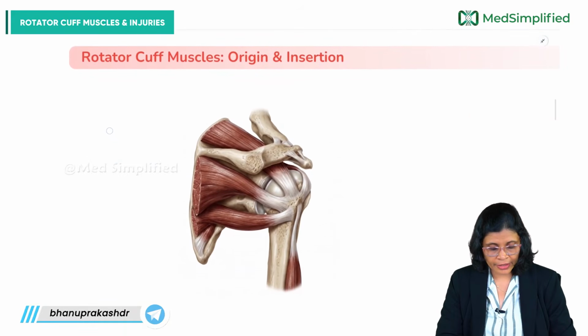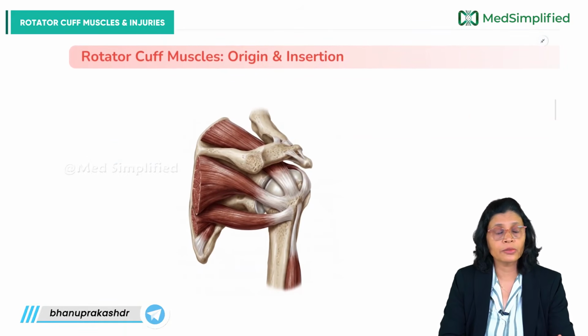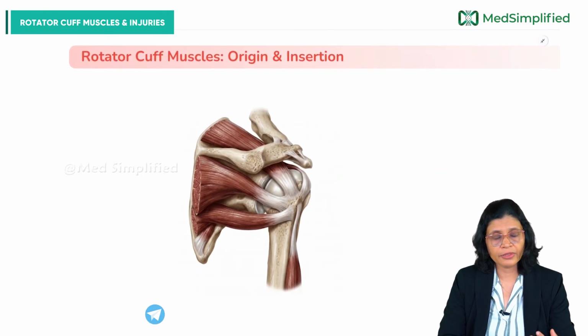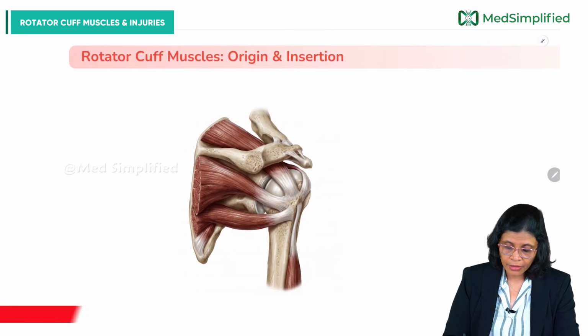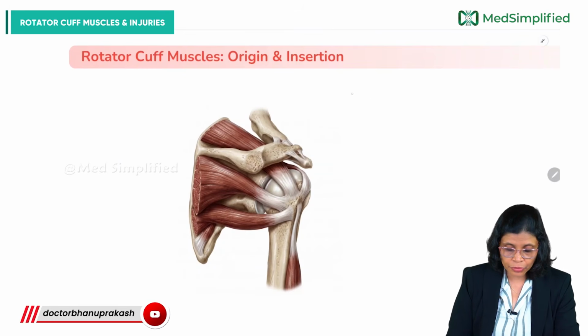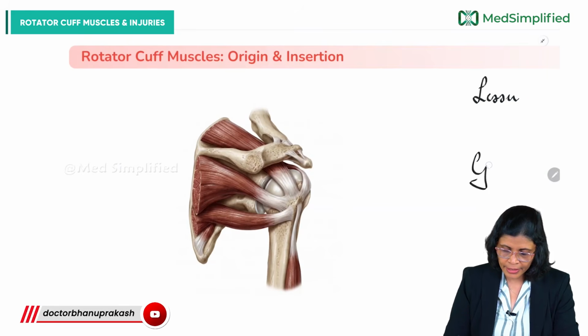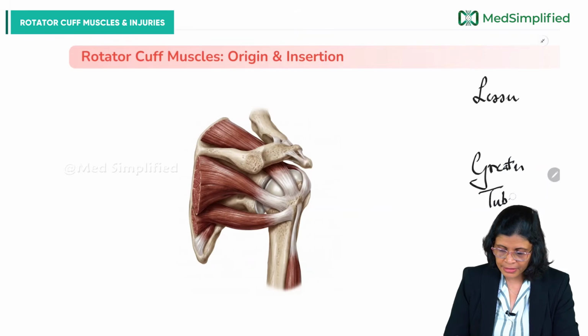Now let's look at their origin and insertion, because origin and insertion will tell you how they bring about the movements. On the humerus, we have two tubercles, the lesser and the greater tubercle. These muscles are inserted around these tubercles.